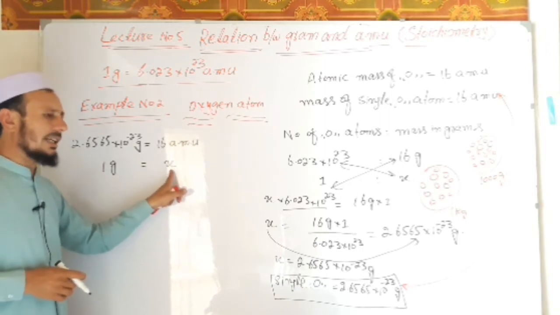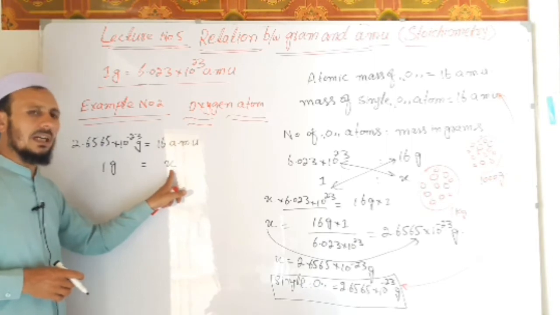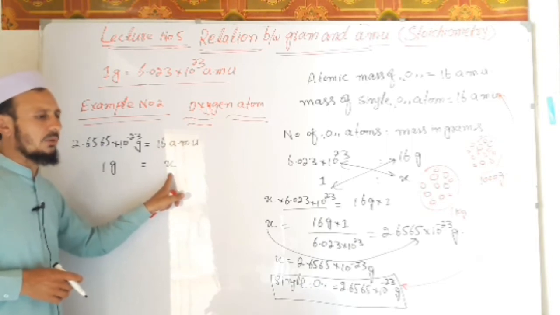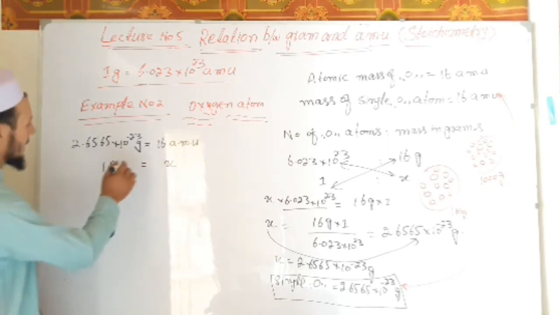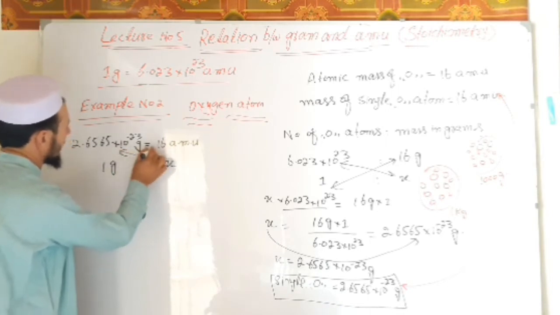X represents the number of a.m.u's in 1 gram. If we calculate x, we will calculate the number of a.m.u's in 1 gram. So let us calculate. It will be cross multiplied.